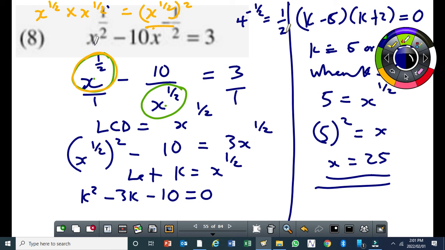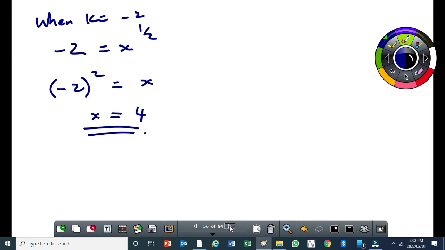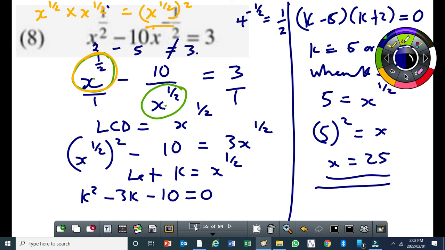So here you have a 2 minus 5, and that will give you a minus 3. Now, you can see that this is not equal to 0, which means this is not a solution. So you are right, Amasha. That's not a solution. So what this means is we only have one solution, which is x equal to 25.